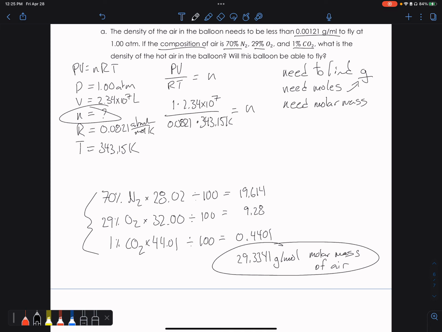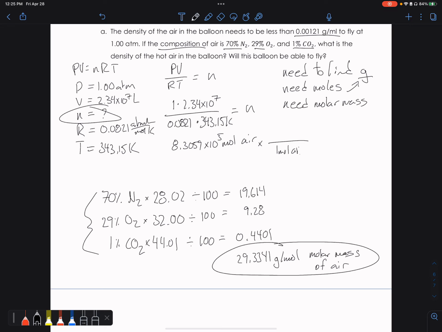That'll give us N. So 2.34 e to the 7 divided by 0.0821 divided by 343.15. And don't be scared, it's a big number, but that's okay. This is going to be 8.3059 times 10 to the 5 moles of air.